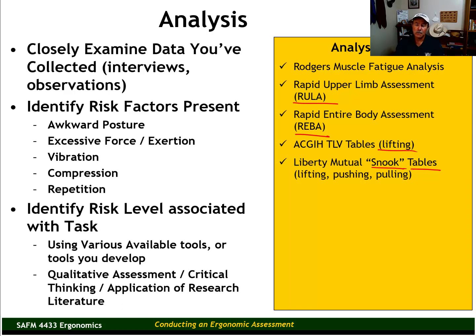The reason they're spending the time is because so many of their claims over the years are related to ergonomics related injuries. So they've invested a lot of time in better understanding these injuries. Now the Snook tables focus on lifting, pushing, and pulling tasks. And it's really about an analysis of force and excessive force that may cause injuries.